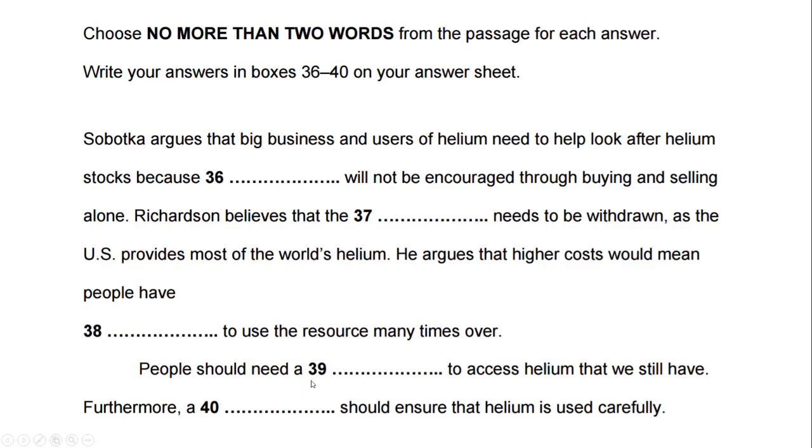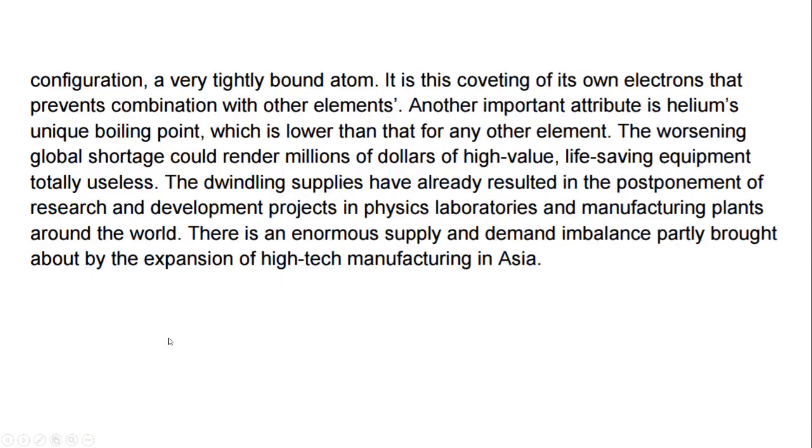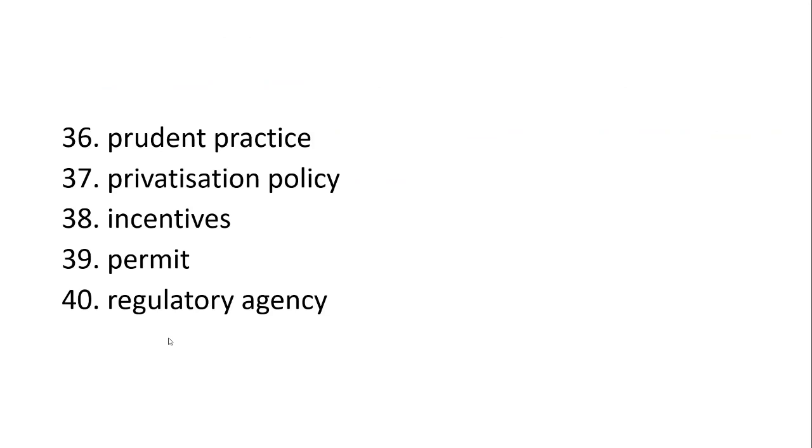People should need a permit to access. Good. Furthermore, a regulatory agency. So they're all no more than 2 words. They all make sense. They all are grammatically correct. So I'm happy with those answers. Then we can check them. Prudent practice, privatization policy, incentives, permit, regulatory agency.